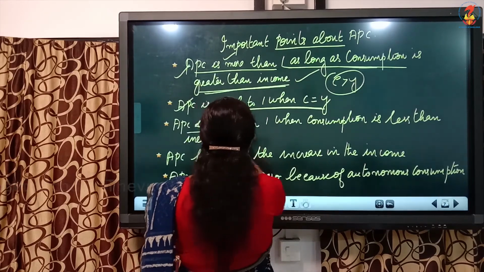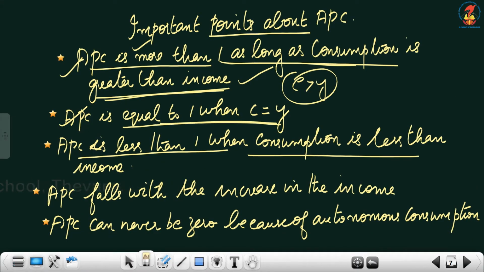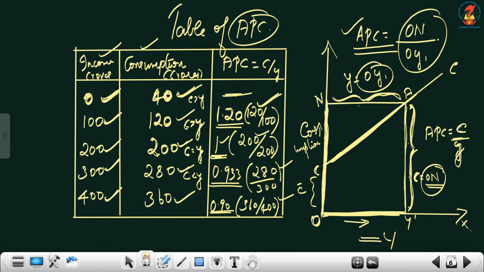Next, APC is less than 1 when consumption is less than income. Let us see whether that statement is correct. Just look at the next number. 280 is the consumption level and 300 is the income level. Now, when 280 is divided by 300, you will get 0.933. This is less than 1.